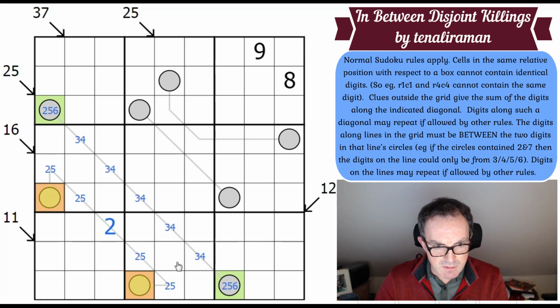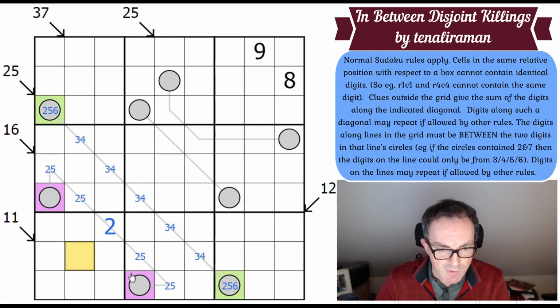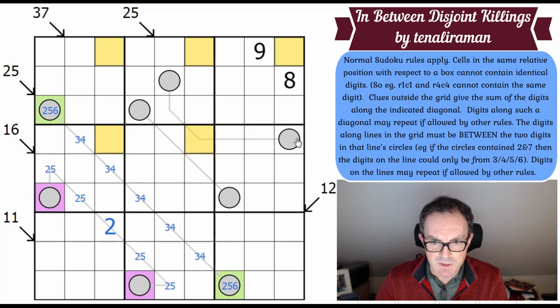These squares, I don't actually know what they are, do I? Because these cells are not included in the 16 diagonal. So I know, although I know one of the purple cells is a 1, the other just has to be higher than a 5, and it could be 6, 7, 8, or 9. 2 is definitely ruled out of the top right positions.